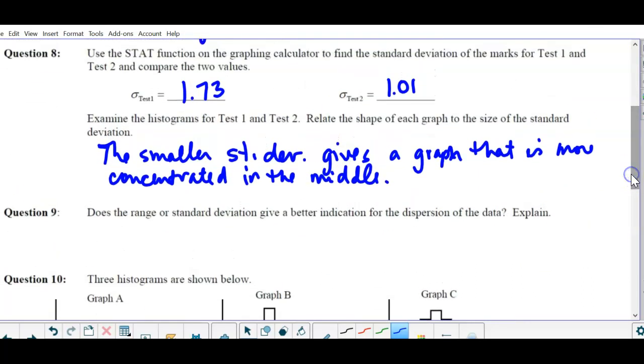Does the range or standard deviation give a better indication for the dispersion?